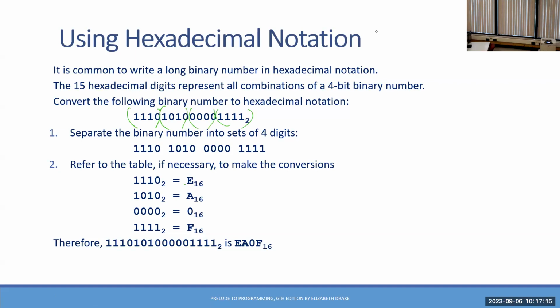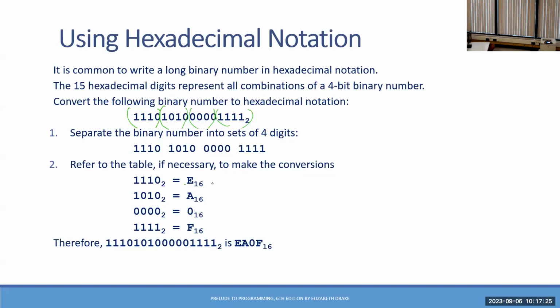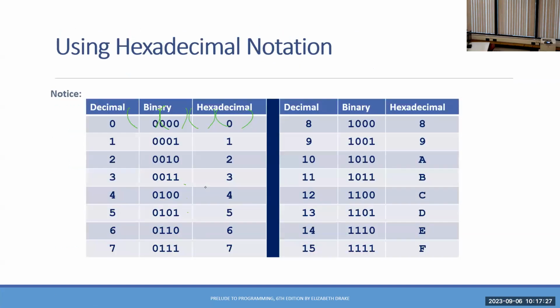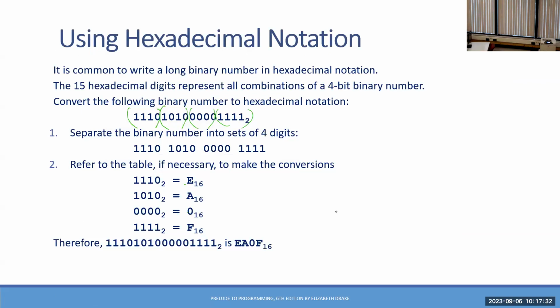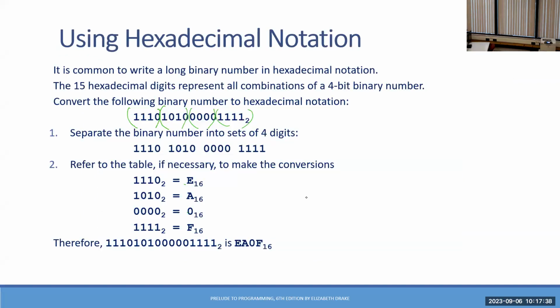You know, this one is E, this one is A, this one is 0, and so on. You can look it up in the table here. What is it? 1 1 1 0 is E. 1 0 1 0 here is A. And so on, you just look it up. Or for me, I just convert it to decimal, and then I know what it is.